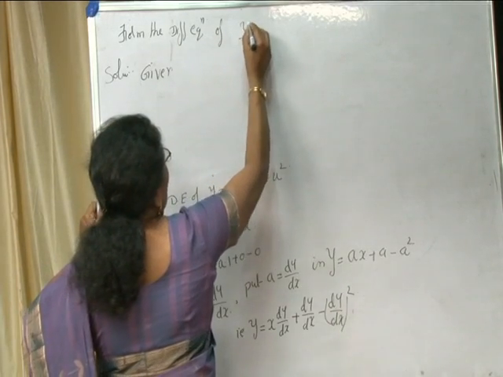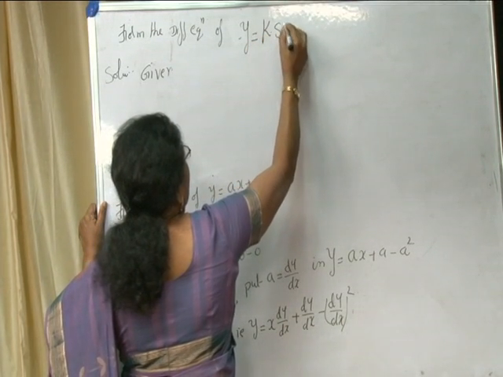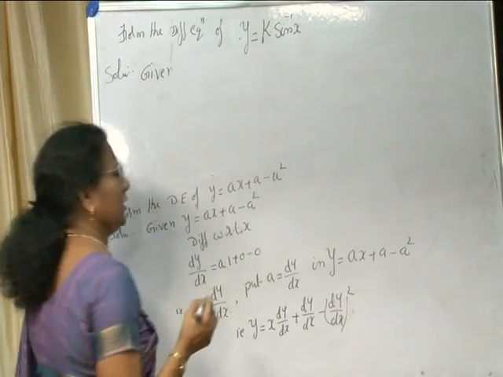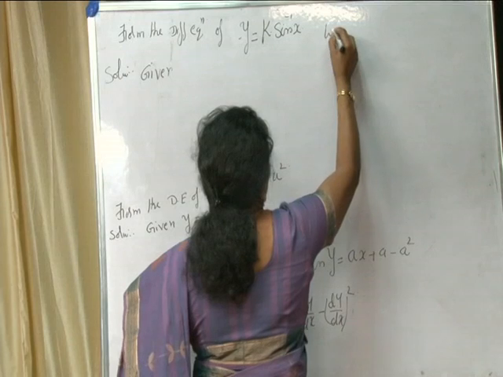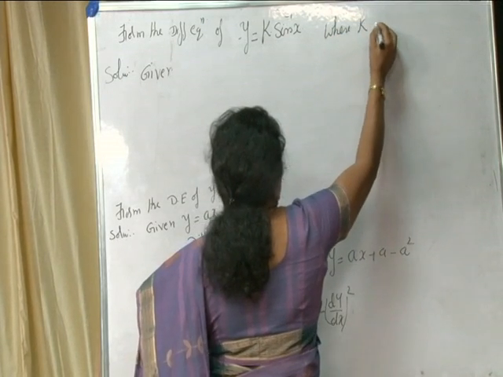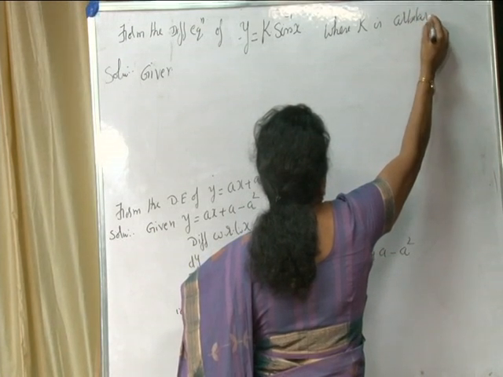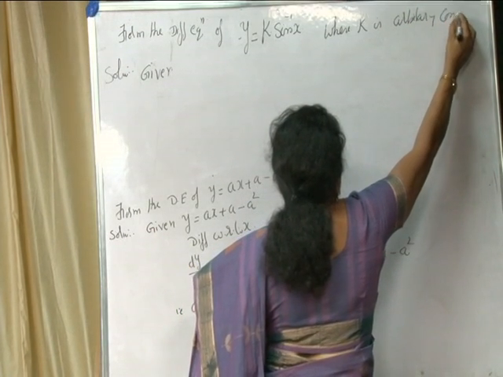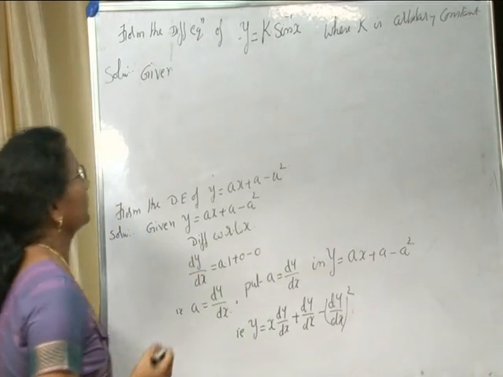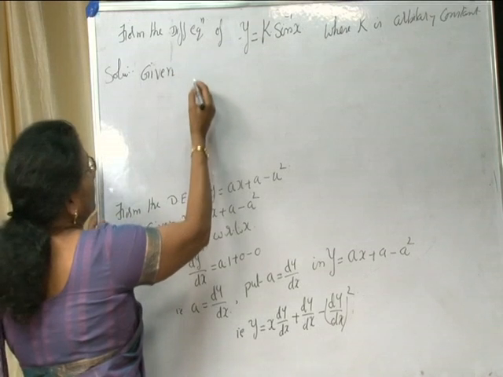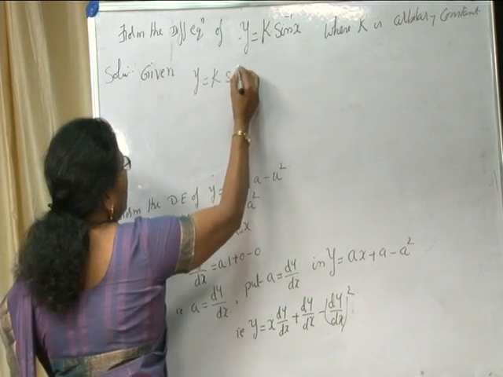y is equal to k into sin inverse x, where k is an arbitrary constant. Given y is equal to k into sin inverse of x.